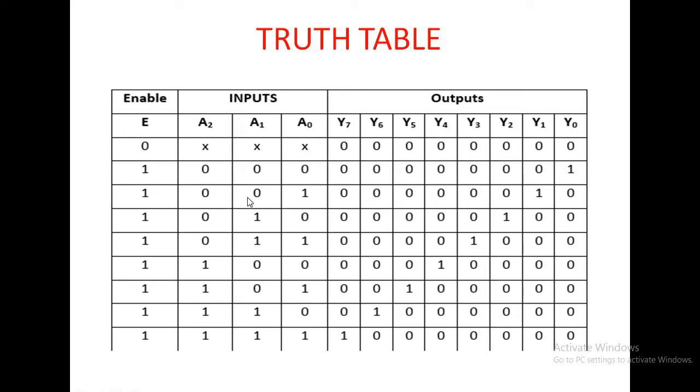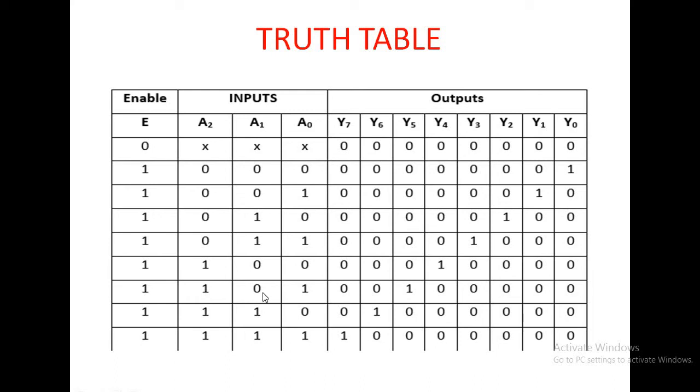If A0 is 1, A1 is 0, A2 is 0, this is 1, so Y1 is selected. If A2 is 0, A1 is 1, A0 is 0, this is binary 2, so Y2 is selected. If A2 is 0, A1 is 1, A0 is 1, this is decimal 3, so Y3 is selected. If A2 is 1, A1 is 0, A0 is 0, this is decimal 4, so Y4 is selected.